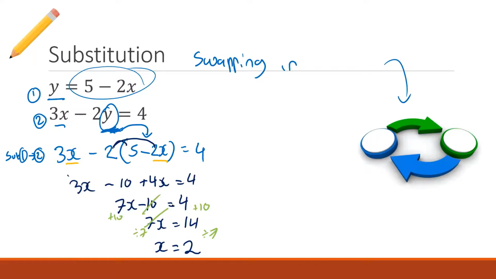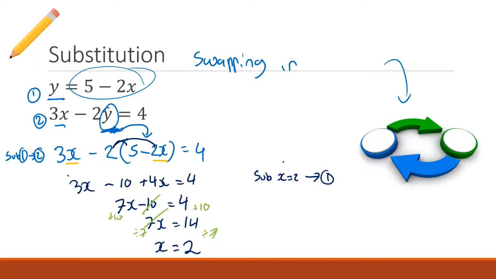Now, that's not the answer yet, because that's only halfway done. We haven't actually worked out what y is. So to do that, I'm going to substitute x equals 2 into equation 1.